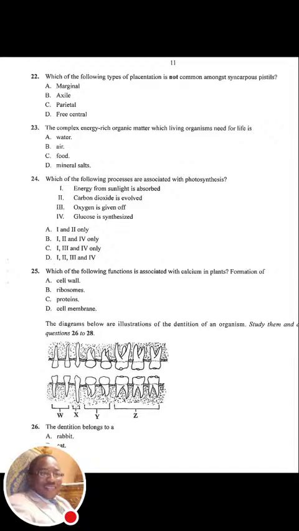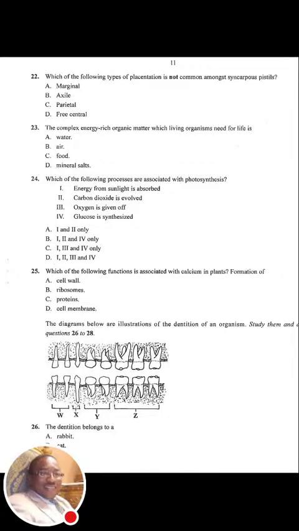When you look at the arrangement, for W you have 2 upper incisors and 2 lower incisors. For X, you have 1 upper canine and 1 lower canine. For Y, you have 2 upper premolars and 2 lower premolars. For Z, you have 3 upper molars and 3 lower molars.